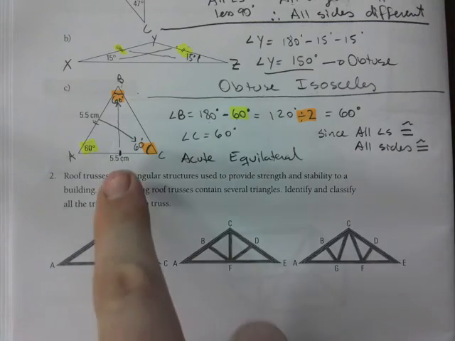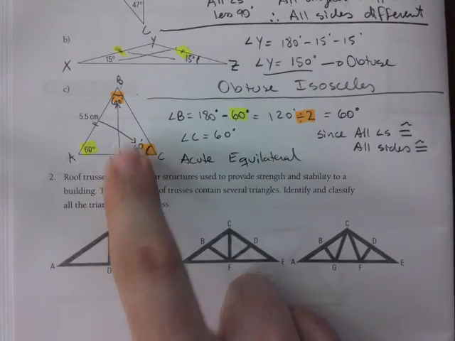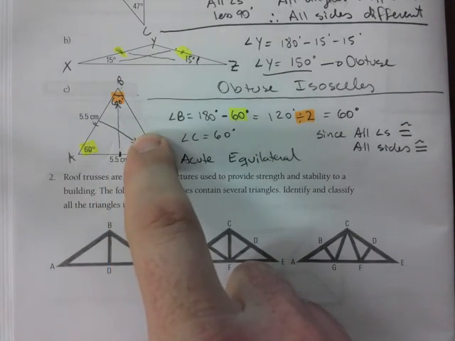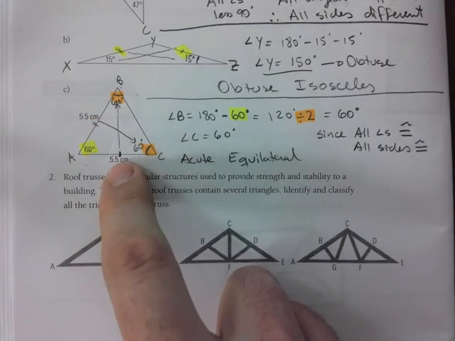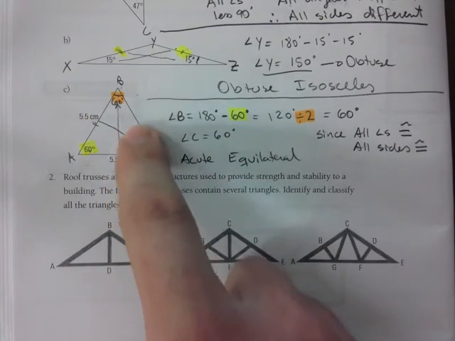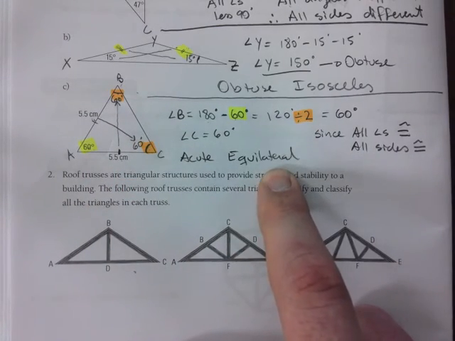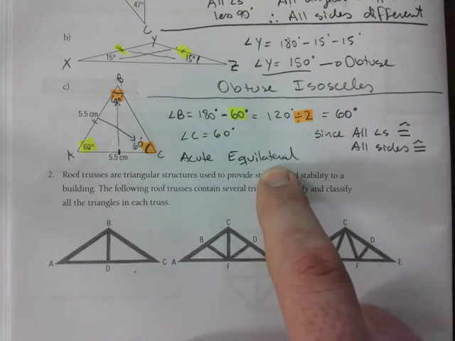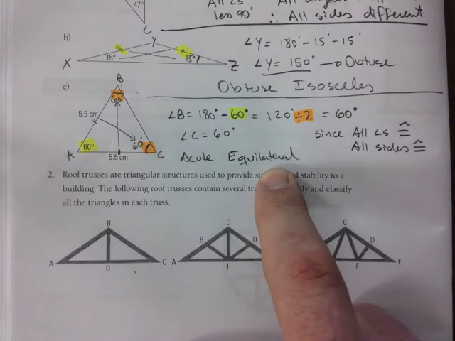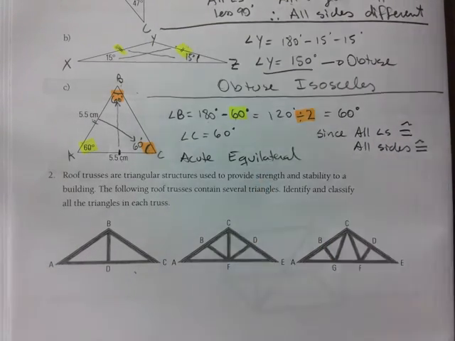Did you get 5.5 for this side here? So you could have used, right, this is a side angle side. You could have used cosine law, you get 5.5, you come to the exact same conclusion. So go for it. You have my full blessing to do whatever you need to do to get there. Okay? But quite often it's not that much work.